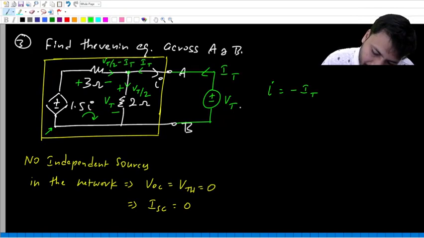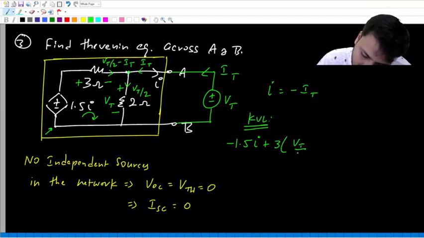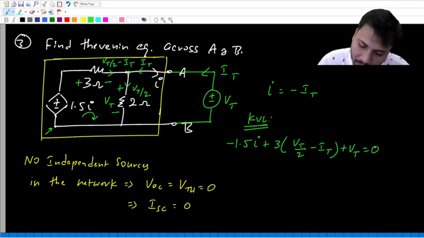So what is KVL going to be around this loop? It will be minus 1.5 I plus 3 times the current through 3 ohms, which is VT by 2 minus IT, and then plus VT equal to 0. But remember, I is minus IT.